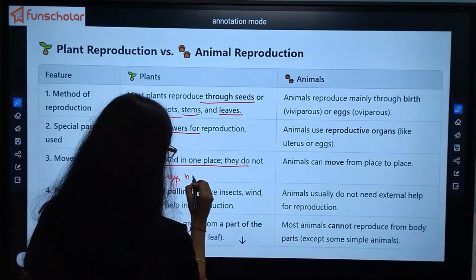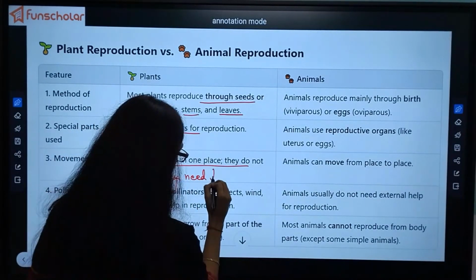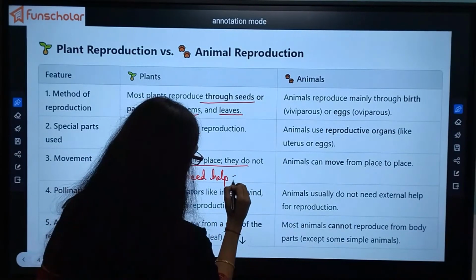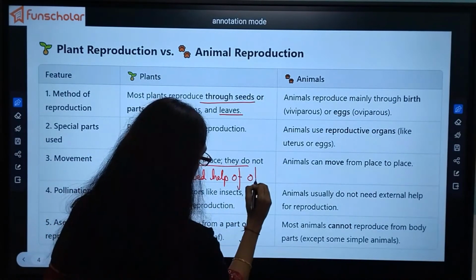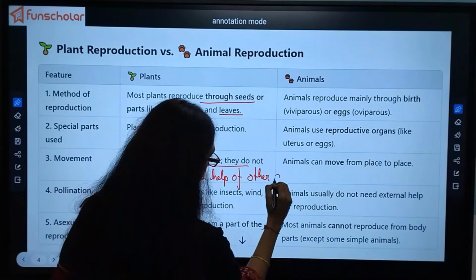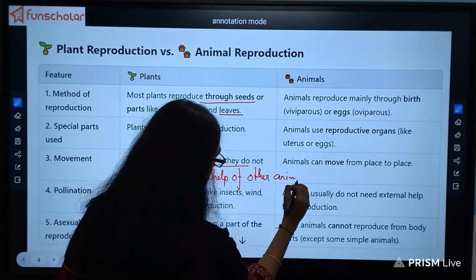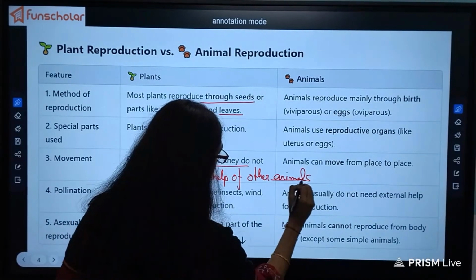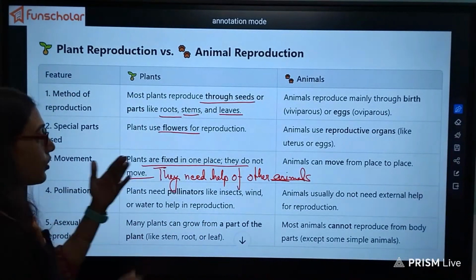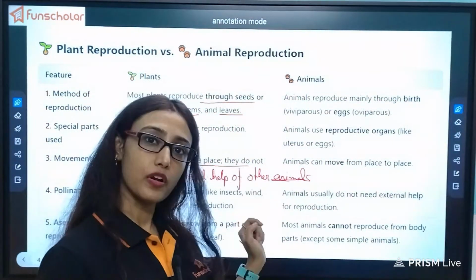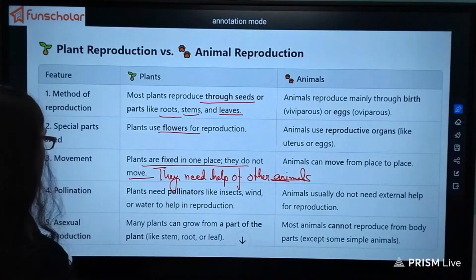They need help of other animals. So they are dependent on some other animals for the process of reproduction.